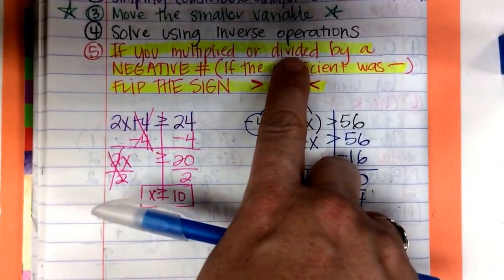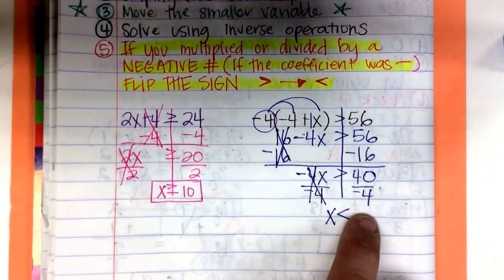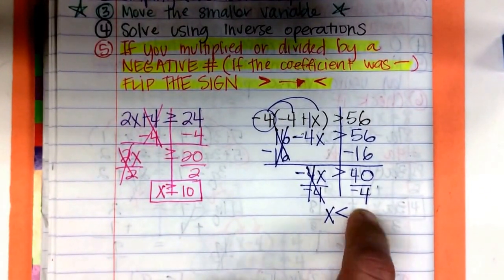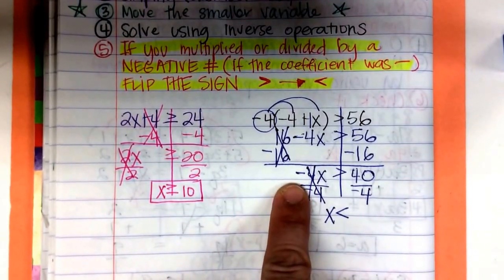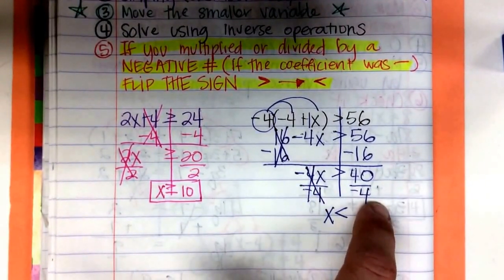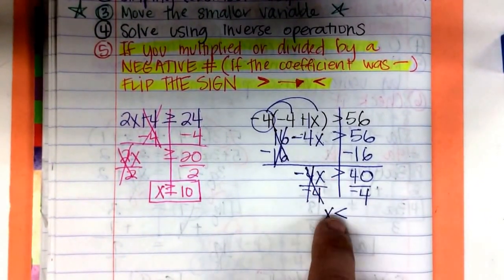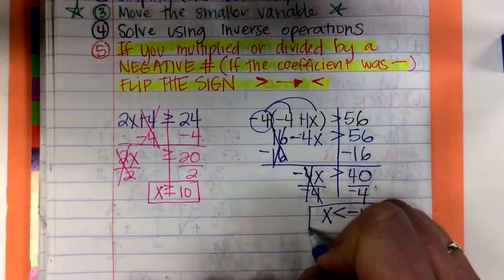I divided by a negative number. Do not say because the answer is negative, because that's not always the truth. If your coefficient, the number you multiply or the number you divide by, is negative, you flip the sign. Instead of being greater than, it is now less than. Negative 10.